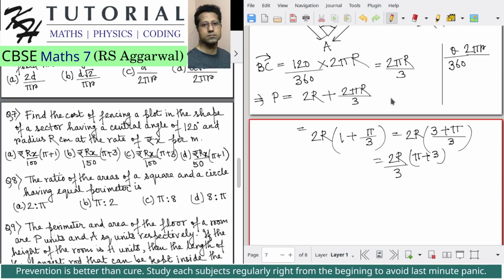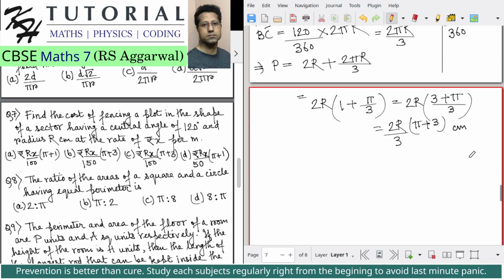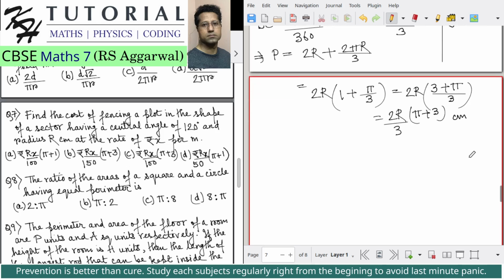The rate of cost is rupees X per meter. Remember, the perimeter we have found is in centimeter, because the radius of the sector, capital R, was given in centimeter. Now, we know that the rate of the fencing is rupees X per meter.